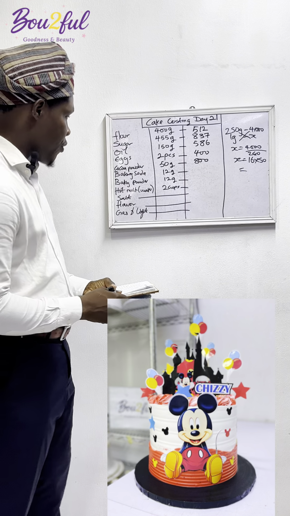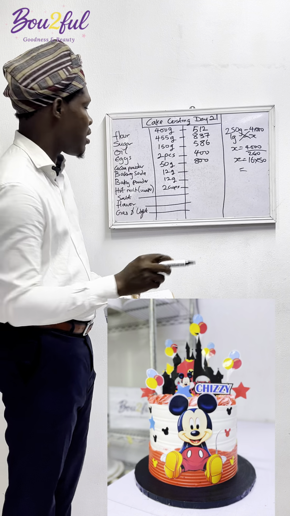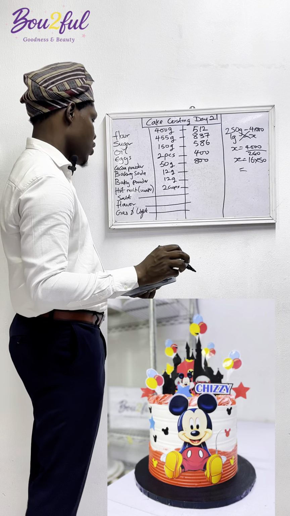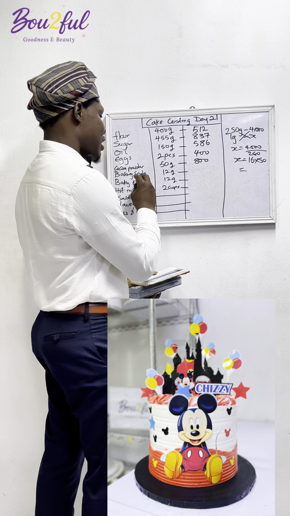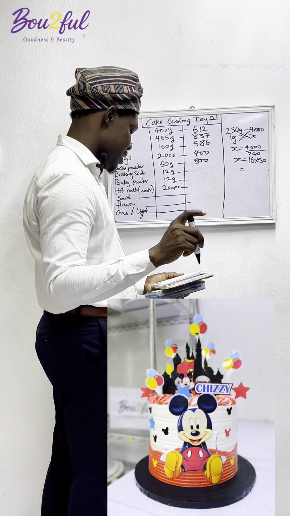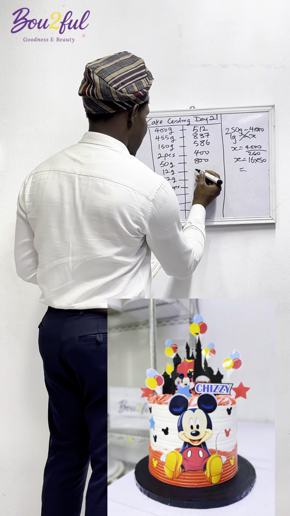Now, we also established baking soda in our previous recipe, and we established baking powder in our vanilla recipe. For baking soda, we said a gram is 2 naira, so 12 gram equals 24 naira.